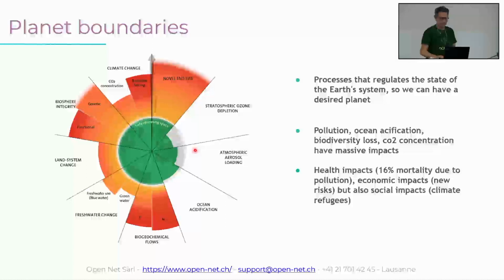There are huge impacts related to these problems that we can see there. Economic impacts that may be less important, I don't know, but health impacts. Today, we estimate that 60% of the mortality in the world is due to pollution, for instance, and also social impacts, such as the climate refugees who need to leave their country just to survive.